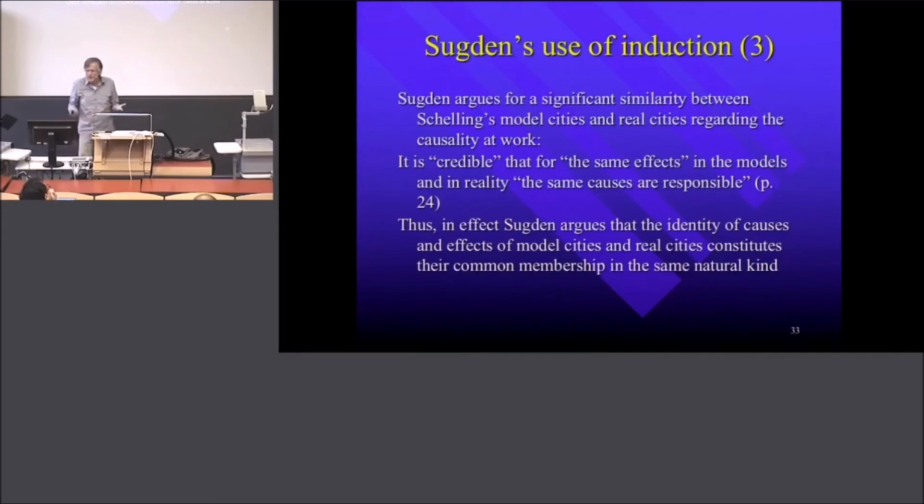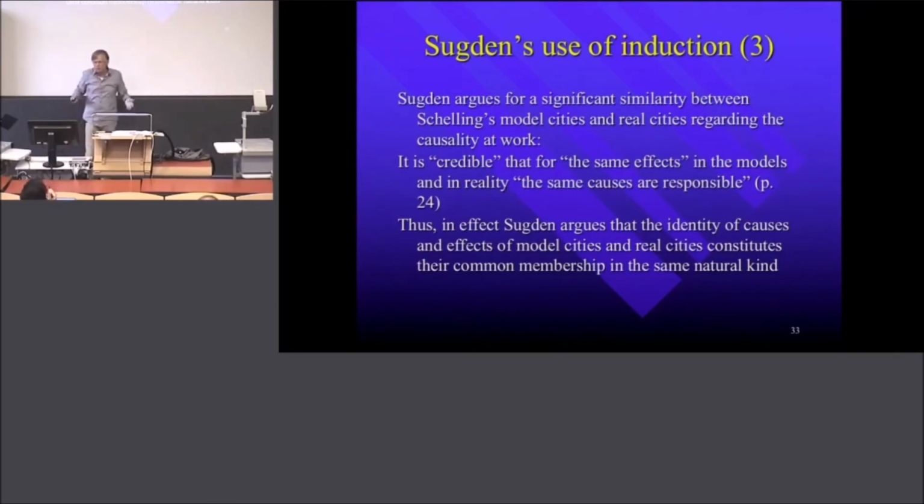Thus, in effect, Sugden argues that the identity of causes and effects of model cities and real cities constitutes their common membership in the same natural kind. Right? Although model cities are something very different from real cities, because there's exactly the same causality, therefore they form a natural kind, and therefore I can inductively generalize with respect to this causality. Right? This is the idea.